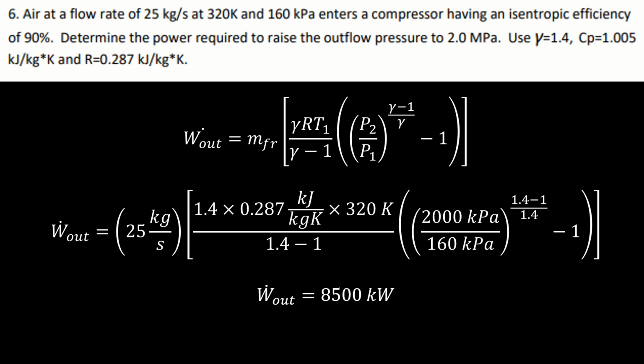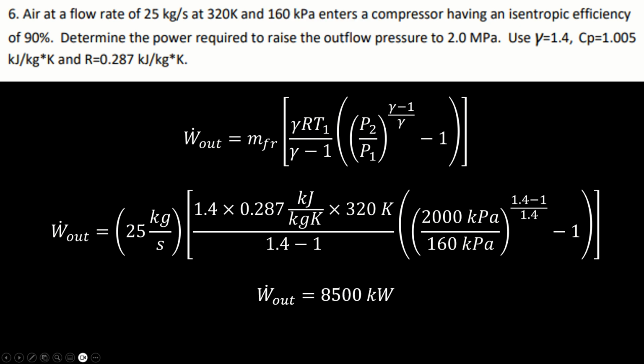Now, we essentially have our same equation from the prior problem, but now we're thinking of isentropic efficiency. That means we're going to solve for an input power, but we can first solve for the output power, W dot output.